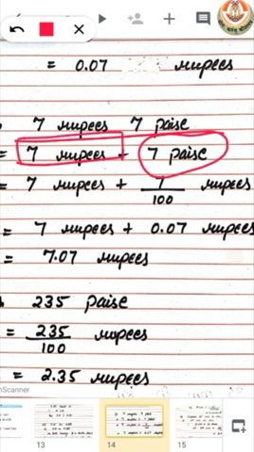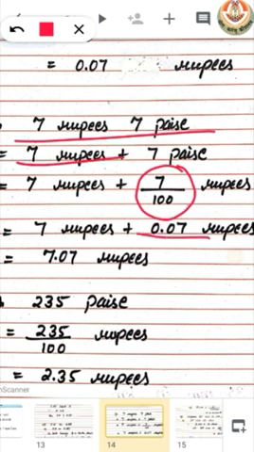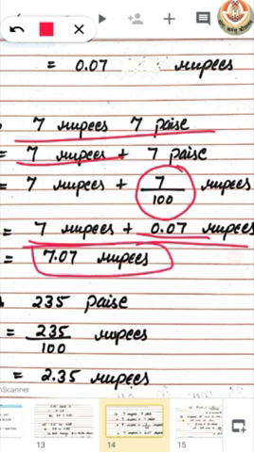For converting 7 paisa into rupees we divide 7 by 100, and we get 0.07 rupees. Now we have 7 rupees and 0.07 rupees, so we add them to get the total rupees. That means 7.07 rupees is our answer.